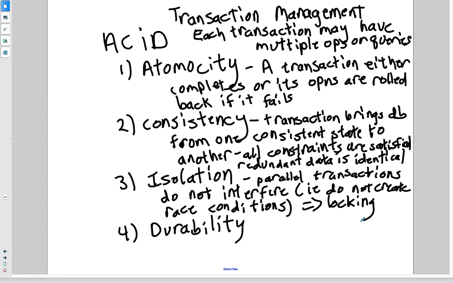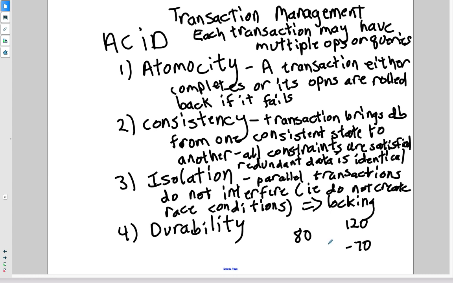So you don't want to have, say, a balance of $80, and let's say that a deposit is made for 120 and there's a check for, let's say, minus 70.